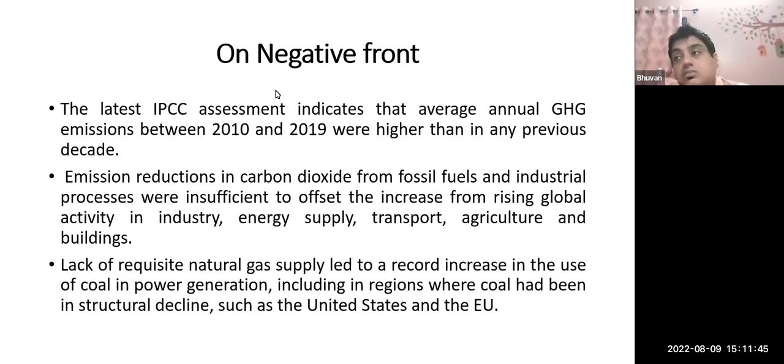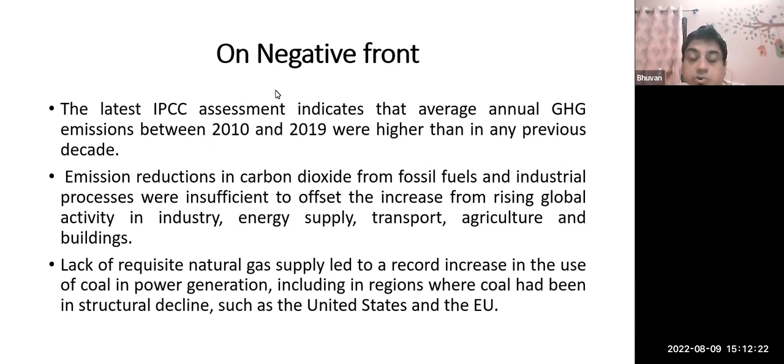As we see, the war between Ukraine and Russia has driven the whole world community towards enhanced use of non-renewable sources of energy such as coal, because globally oil prices are continuously increasing because of this war, and that's why people are switching over to other solutions, looking towards non-renewable sources such as coal.